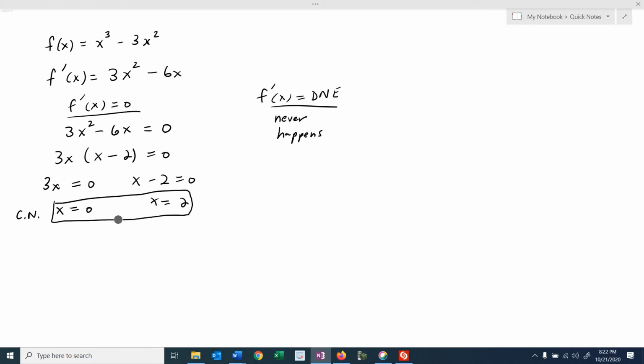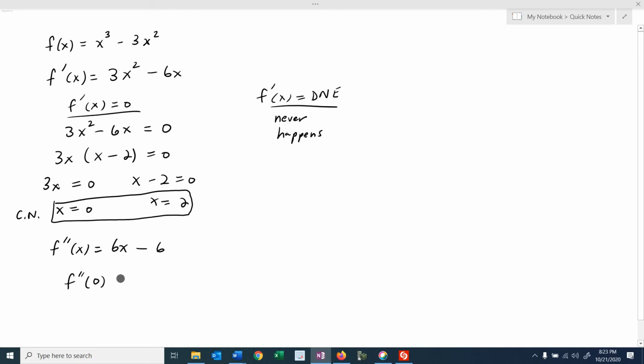The way you do that is you plug them into the second derivative and determine the concavity at these particular points. So let's find the second derivative. The second derivative would be 6x minus 6. Let's try to classify this critical number by plugging 0 into the second derivative.